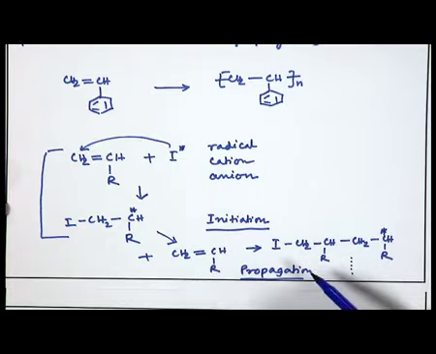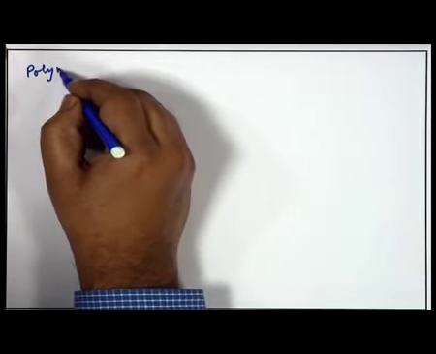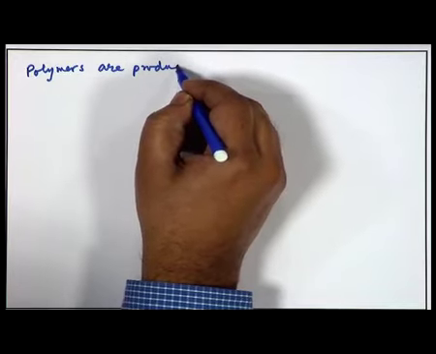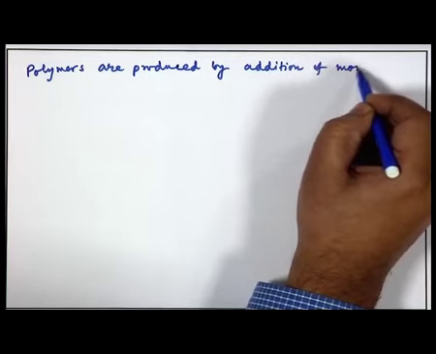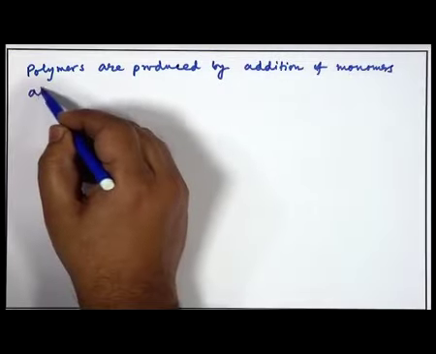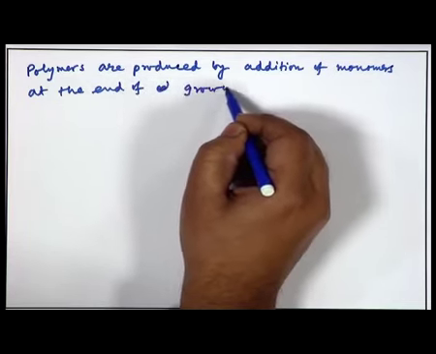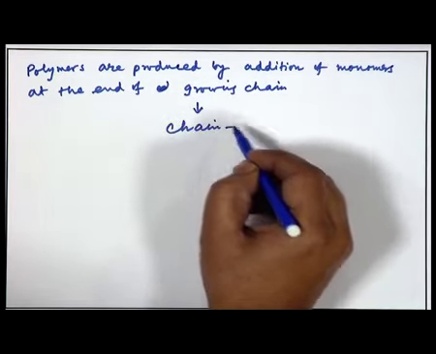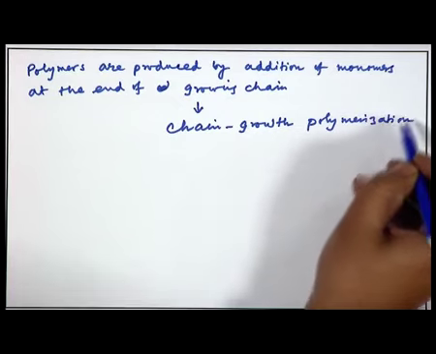So, this type of polymerization where the polymers are produced by addition of monomers at the end of a growing chain is called chain growth polymerization, and the polymer is called chain growth polymers.